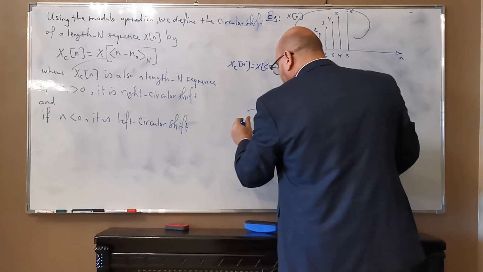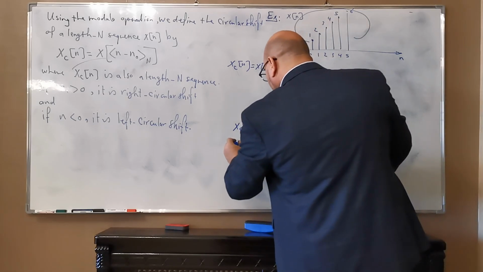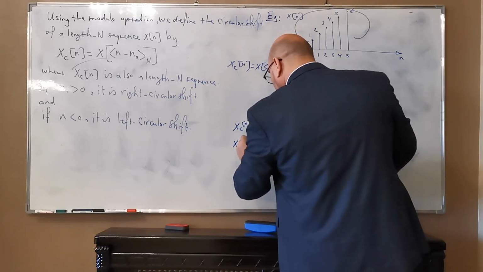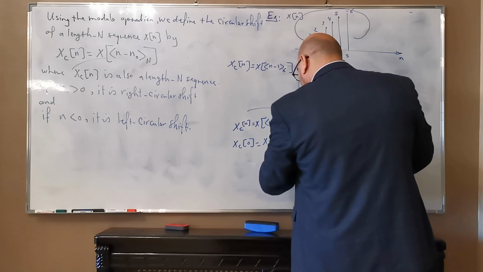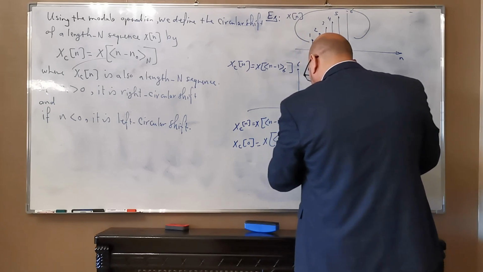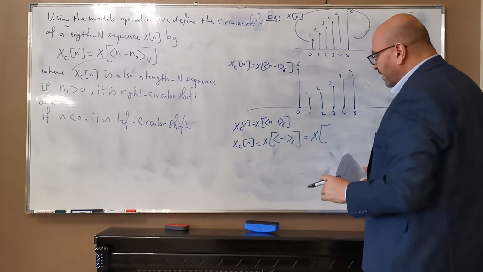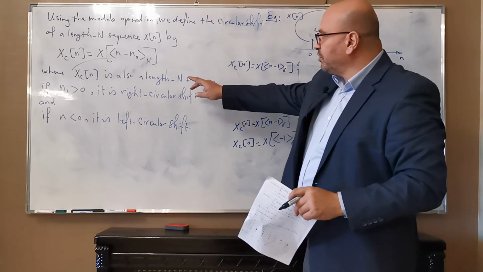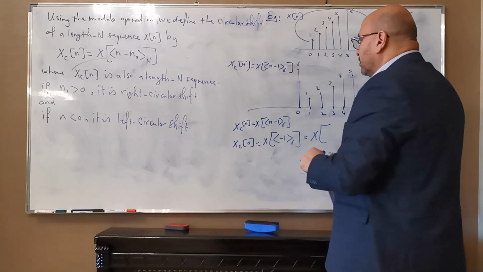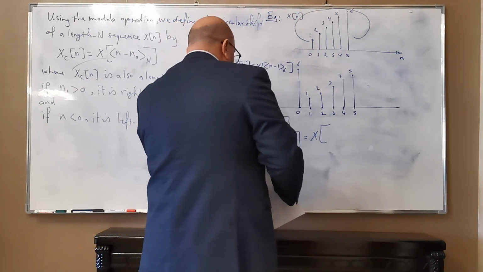So if we take xc at 0, this is x of minus 1 modulo 6. If you apply the modulo operation, minus 1, so let's do the modulo operation here.